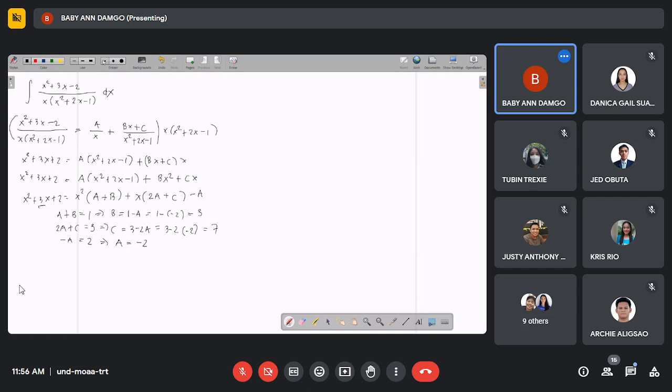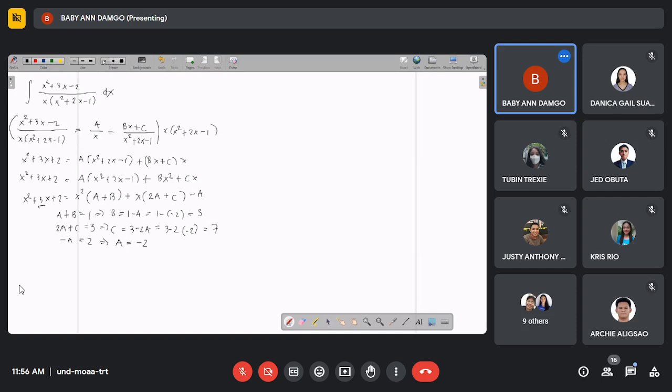So, integration of dx over x is ln absolute value of x. So, minus. Here we can use the substitution. Let u be equal to x squared plus 2x minus 1. So, the derivative is 2x plus 2 times dx, which can be written as 2 times x plus 1 dx. So we have du over 2, which is equal to x plus 1 dx.